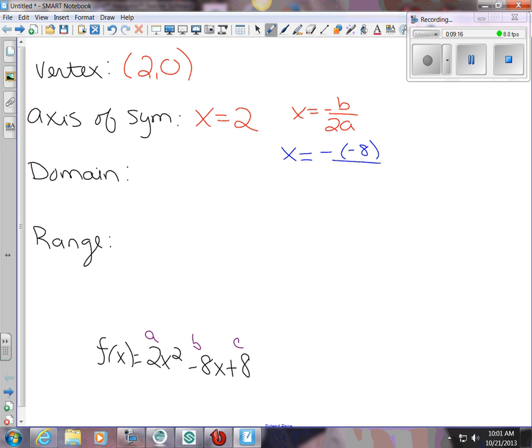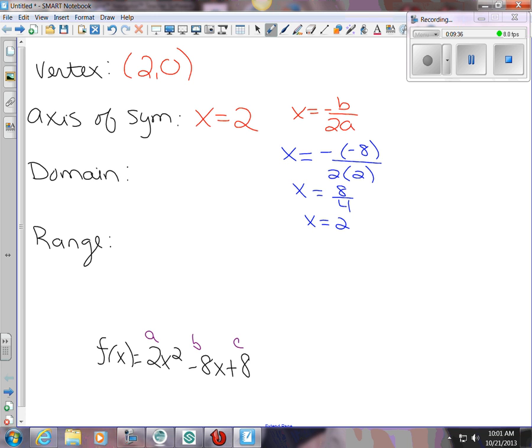Negative 8. What's a? So we get x equals 8 over 4, which is 2. So do I get the same thing? Okay. So should you ever get axis of symmetry wrong? No. Especially since you can use point on, find your vertex, and then it's just your x value.